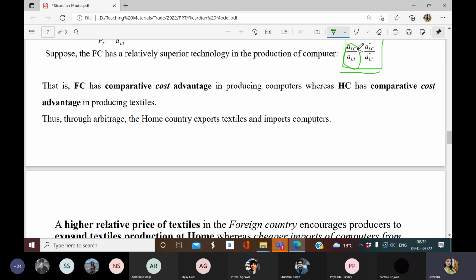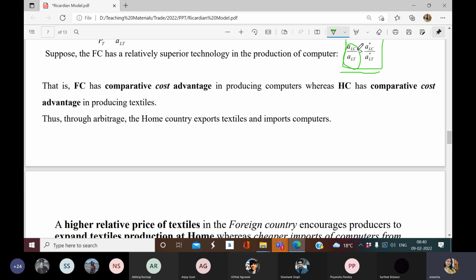So by this assumption, the home country will export textile and import computer, and we have already discussed this, because the home country can produce textile at a lower cost and price, since here price is entirely cost determined.